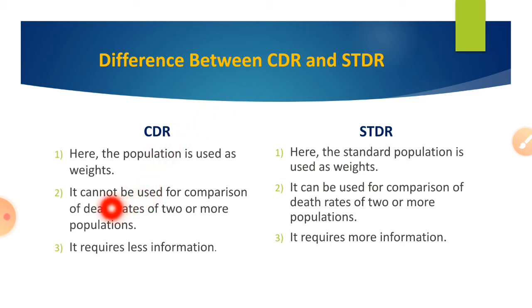CDR cannot be used for comparison of death rates of two or more populations, but STDR can be used for comparison of death rates of two or more populations. CDR requires less information, whereas STDR requires more information. So this is regarding the difference between CDR and STDR.